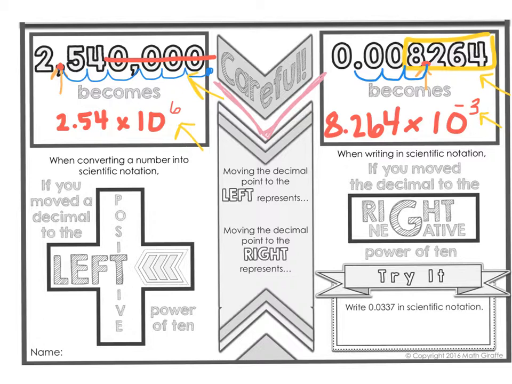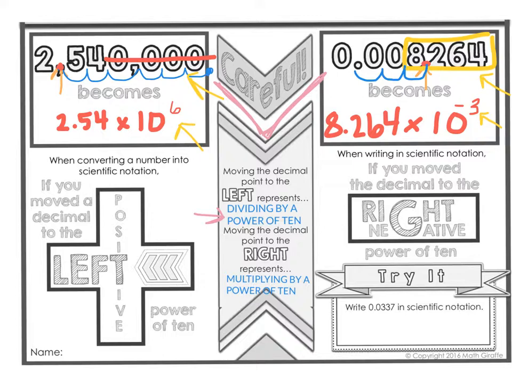Moving the decimal point to the left represents dividing by a power of 10. So see if you can fill that in right there, dividing by a power of 10. And moving the decimal point to the right represents multiplying by a power of 10. So fill that little portion in there, multiplying by a power of 10.